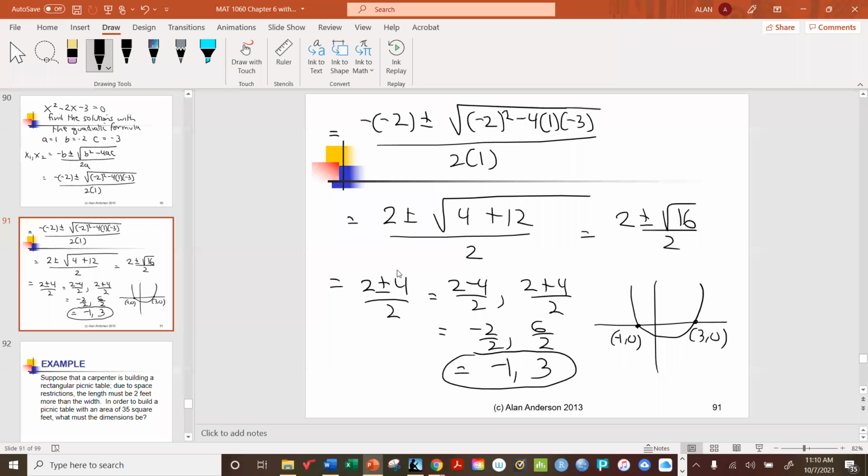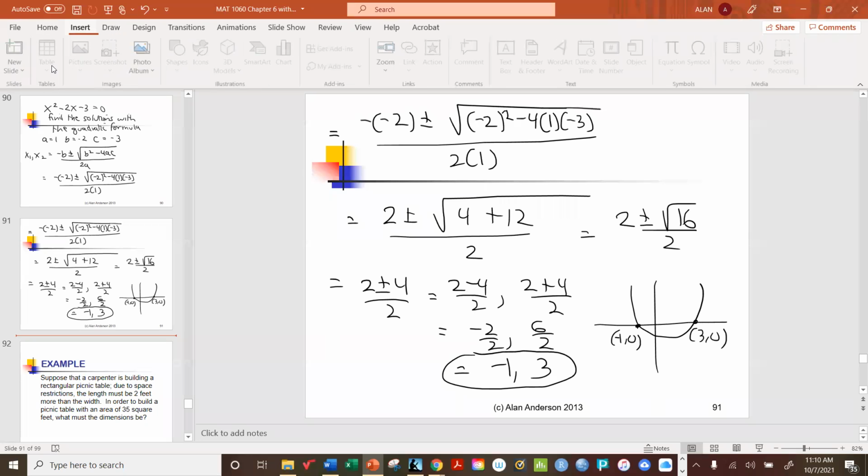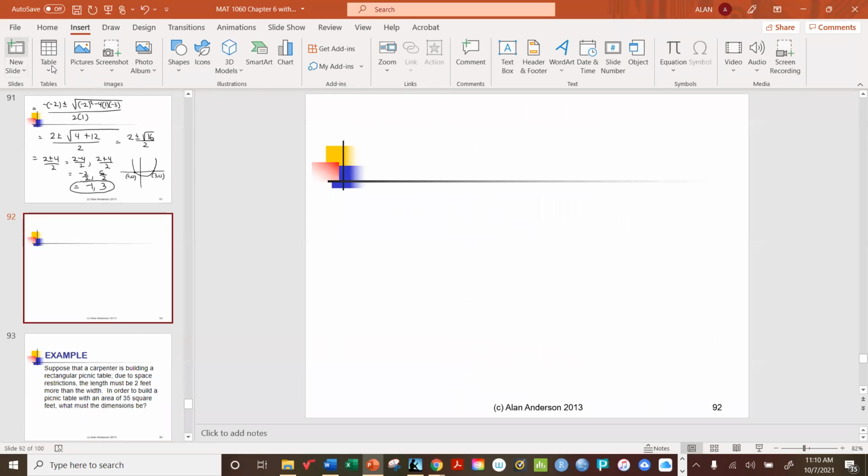Excellent. Now, it doesn't always turn out to be the case that the answers are integers. It happens a lot, but don't assume that if you've got a messy result that it's wrong. So, you know what, let me try another one here that might not work out so nicely. How about this one? 3x squared.